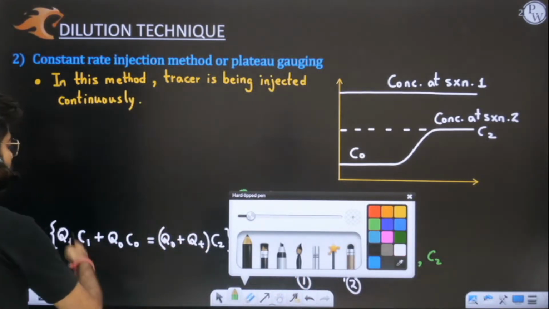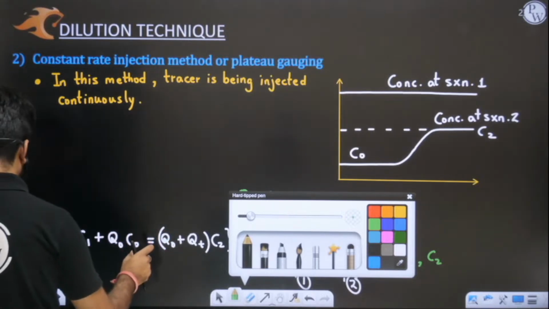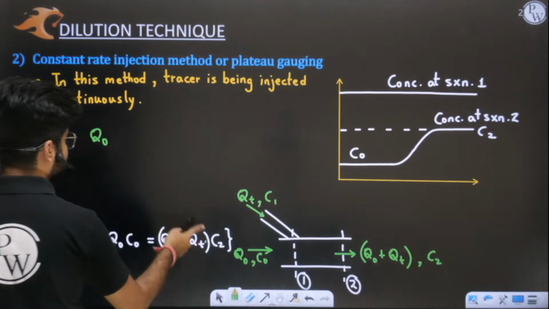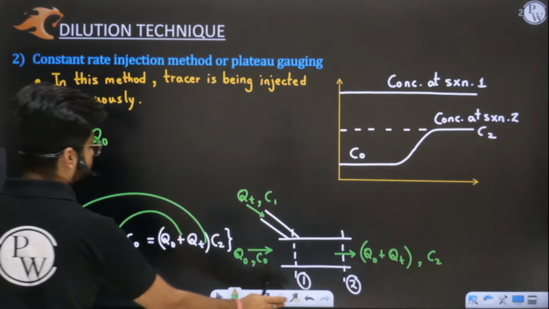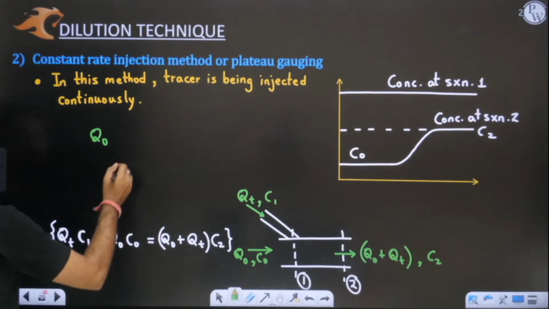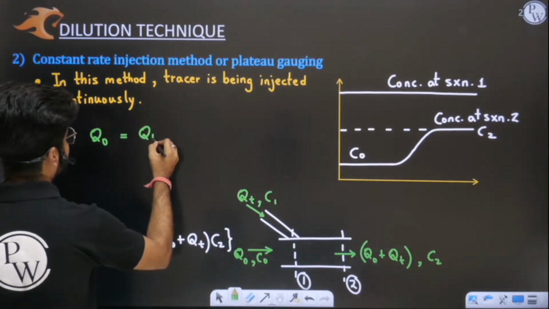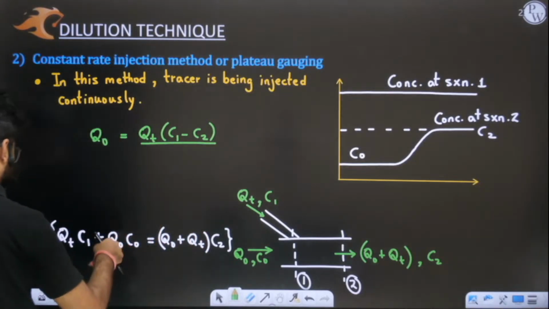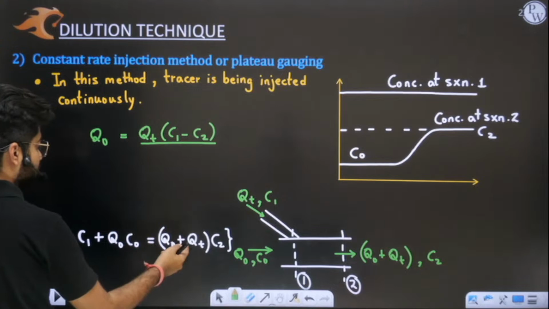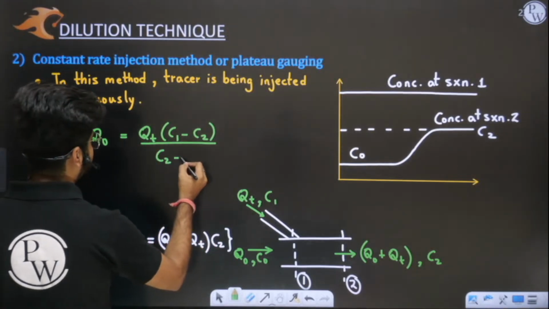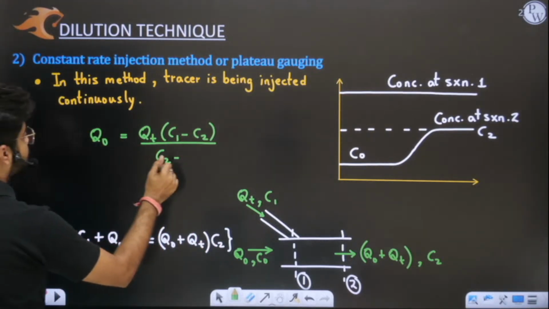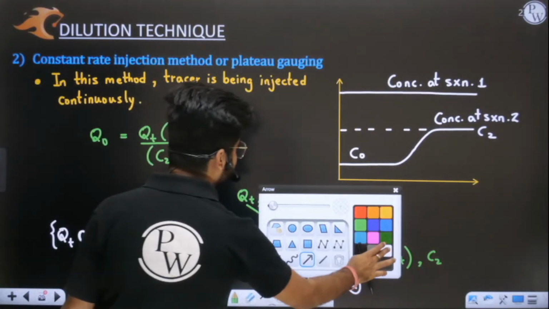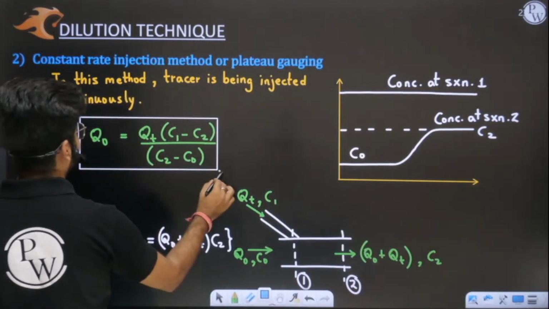So the formula will be Q0 equals Qt into (C1 minus C2) upon (C2 minus C0). This is the ultimate formula which you can use in order to find your Q0.